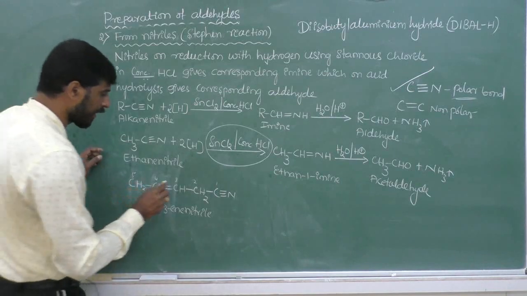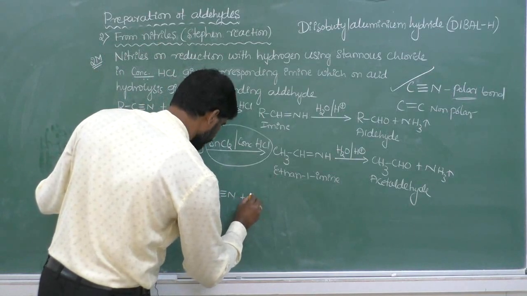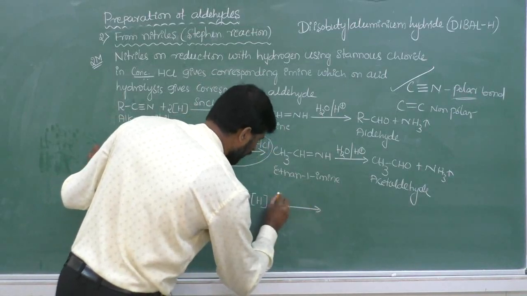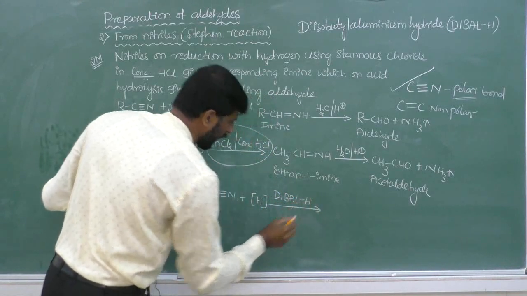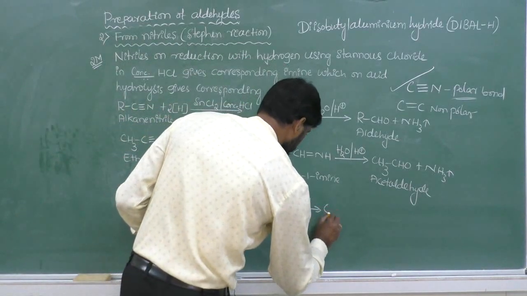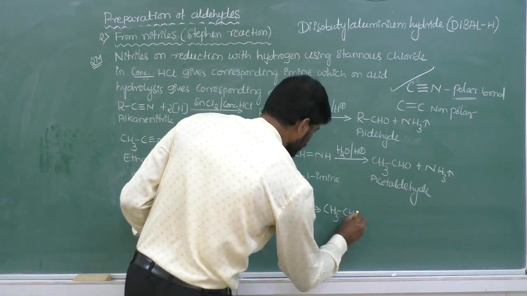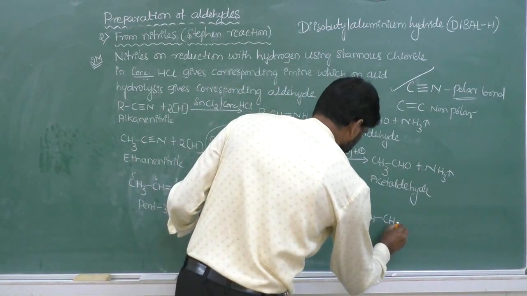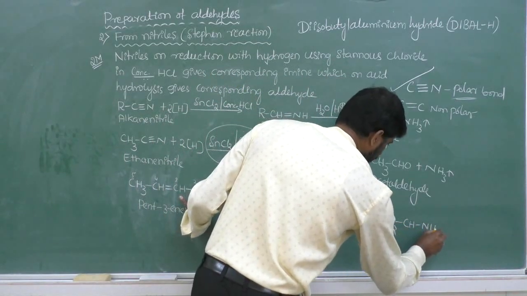When it is subjected to reduction by using DIBAL-H, diisobutyl aluminium hydride, it gives the corresponding imine, CH3 CH double bond CH CH2 CH NH.